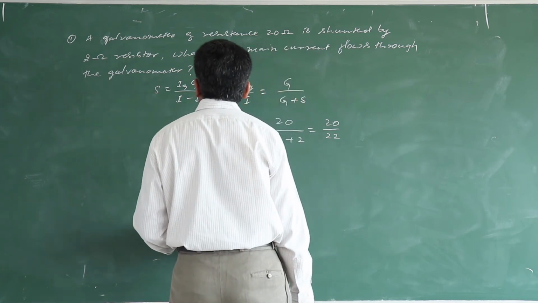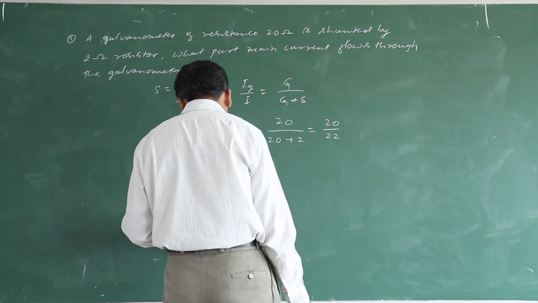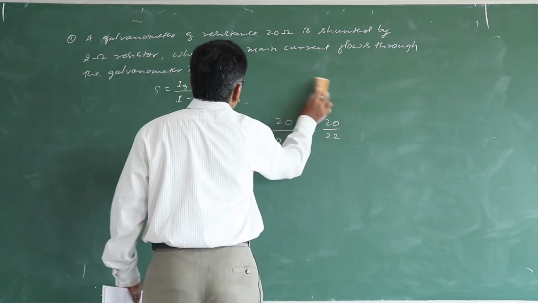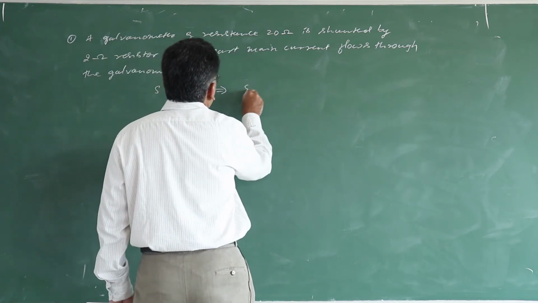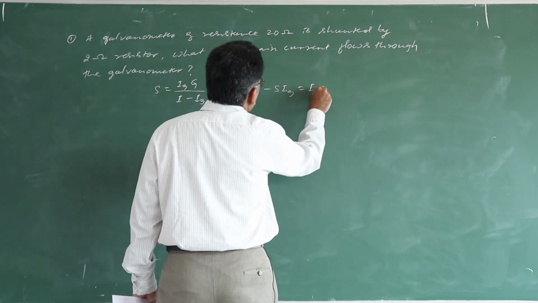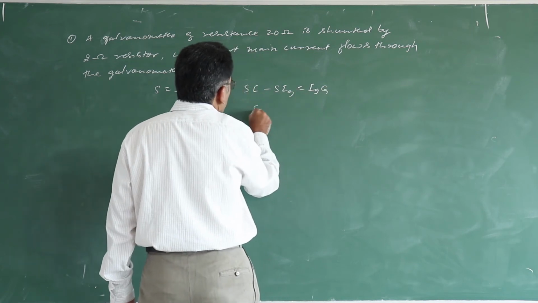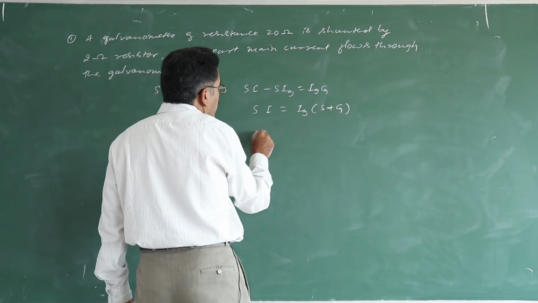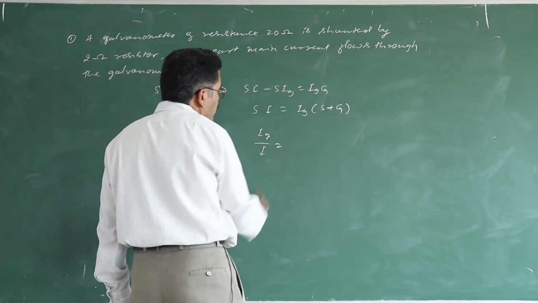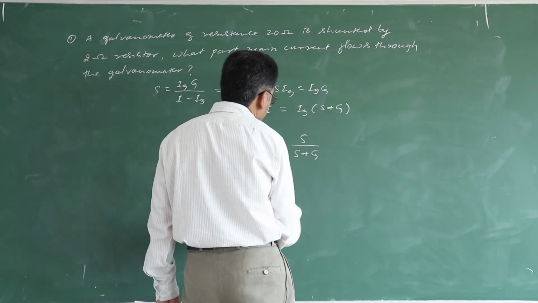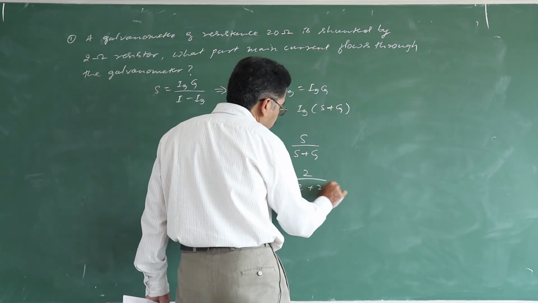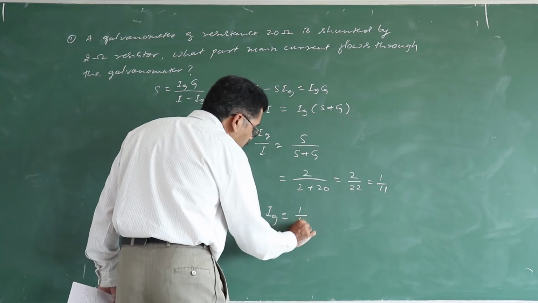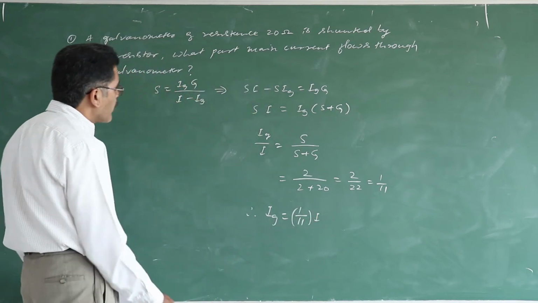Let us simplify this: S into I minus S into Ig is equal to Ig G. Therefore S into I is equal to Ig into S plus G. Therefore Ig by I is S by S plus G. S is 2, so 2 by 2 plus 20, 2 by 22, which is 1 by 11. Therefore Ig is equal to 1/11 of I.